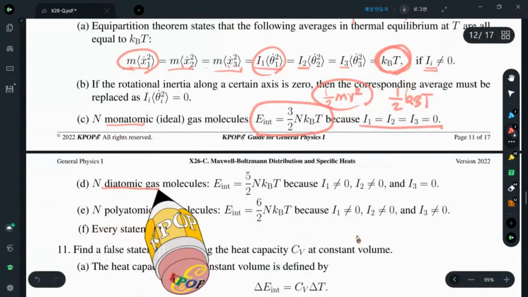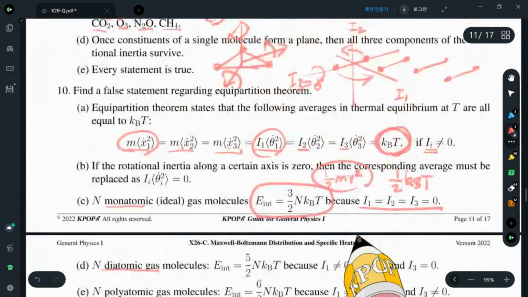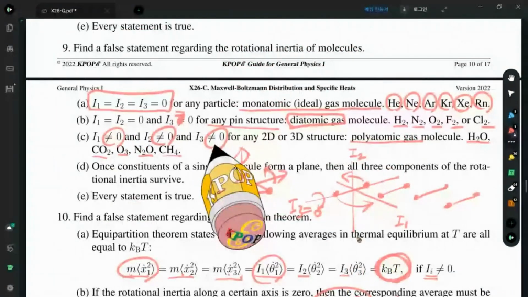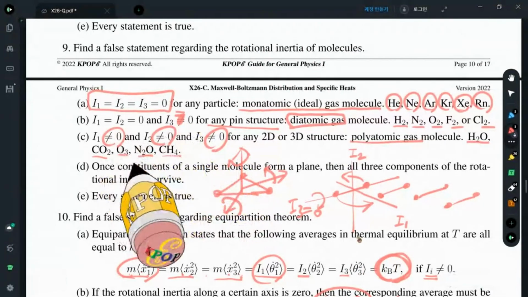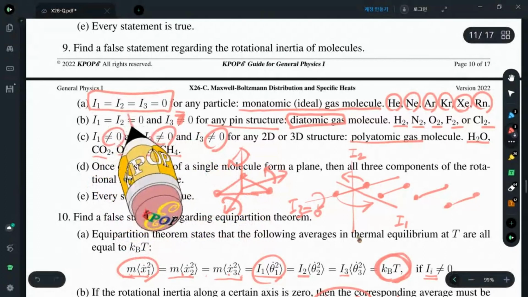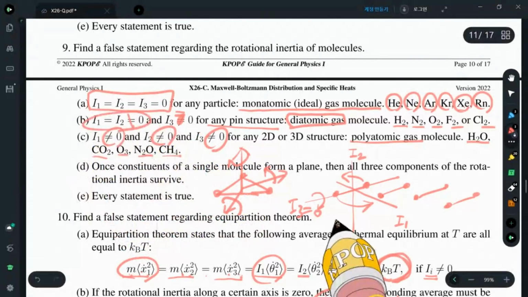In a diatomic gas, this one is 0, this one is 0, and this one is non-zero.